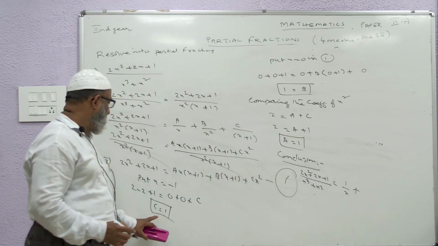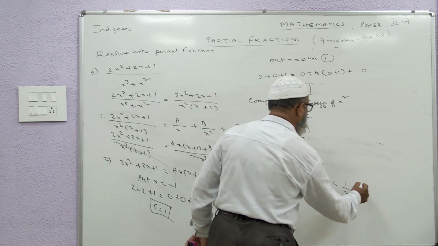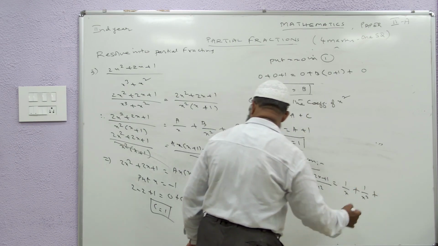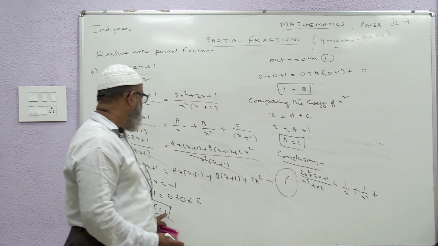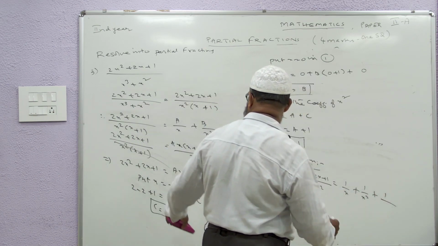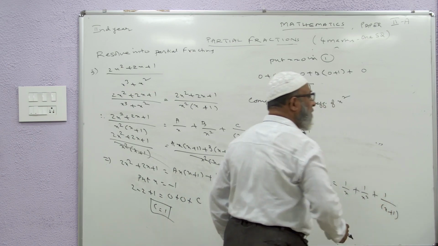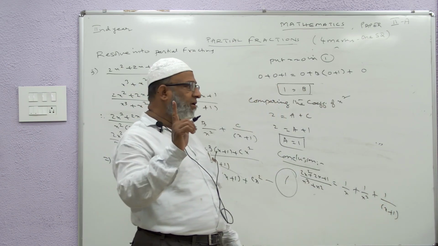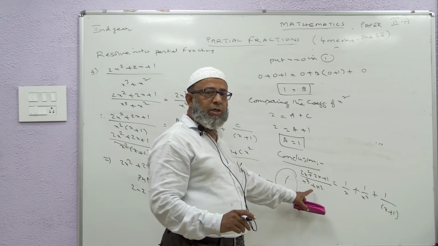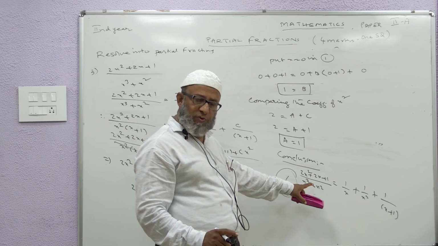What is the value of b? 1, 1 by x square plus, what is the value of c? 1, 1 by (x plus 1). So, if you write the conclusion, you may get 1 mark for this. So, don't forget to write the conclusion, otherwise you may lose 1 mark.